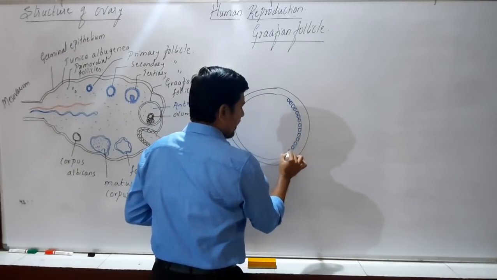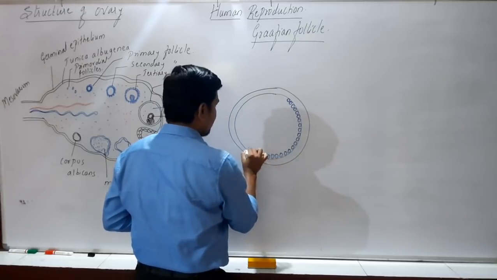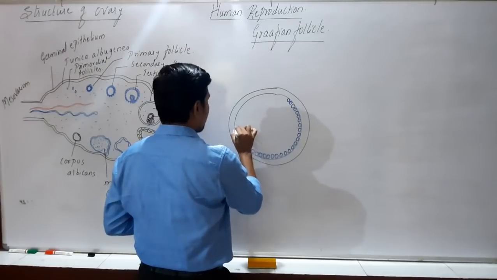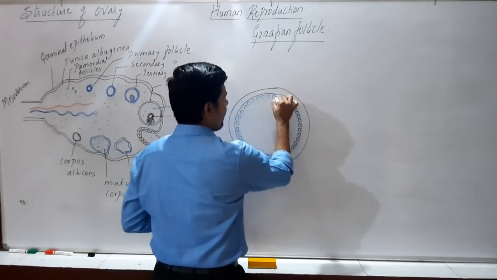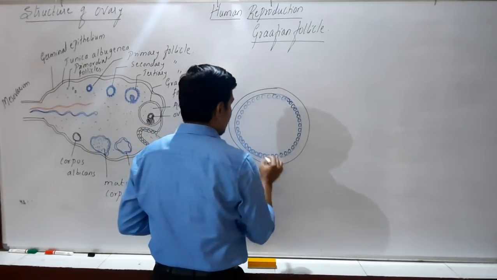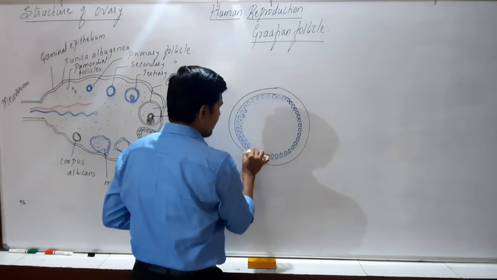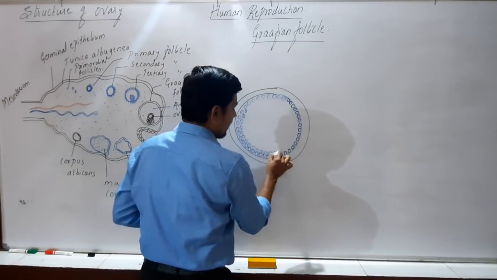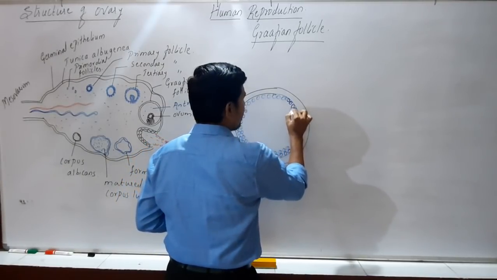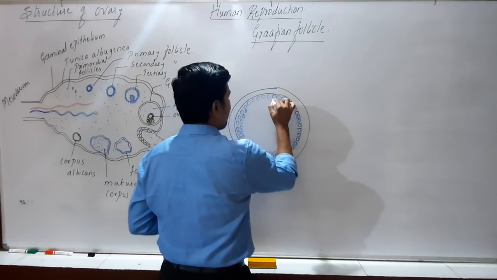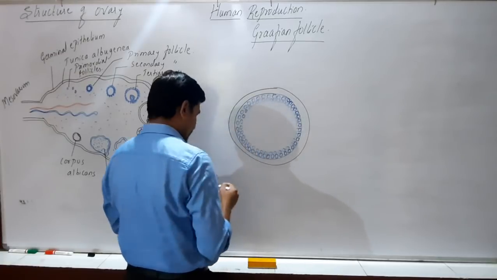The outer layer of the Graafian follicle is the theca externa. The inner layer is the theca interna, and inside this we have certain cells which we call the membrana granulosa cells, the cells that we are drawing here.